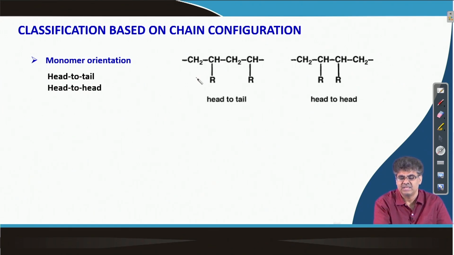For example, if we call this the head and this the tail, and this is head and this is tail, then it is a head to tail arrangement. But in this case it is head, tail, head, tail, so it is a head to head or tail to tail arrangement.